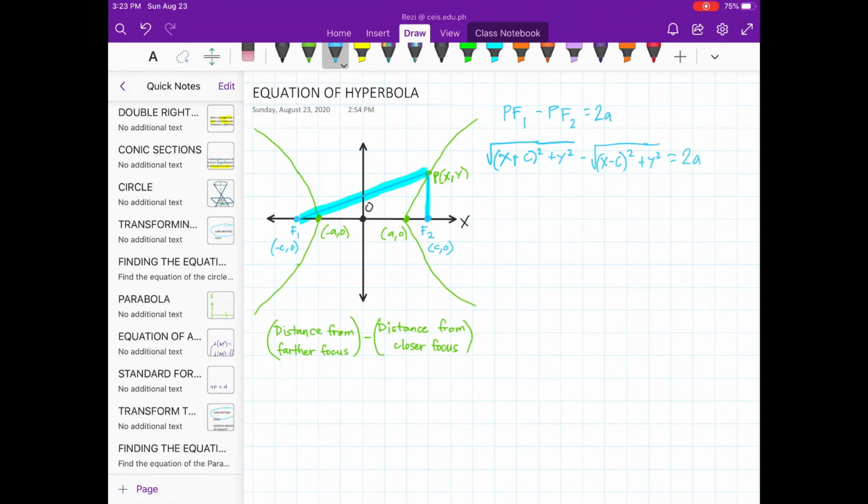Let's quickly have a look at some important steps during the simplification of this equation. First, we transpose this term to the right hand side. Now, we square both sides. We get this.